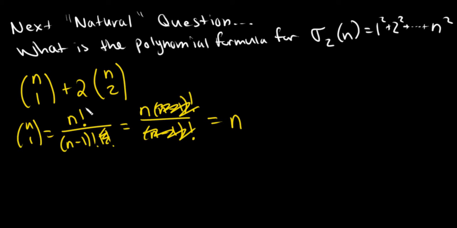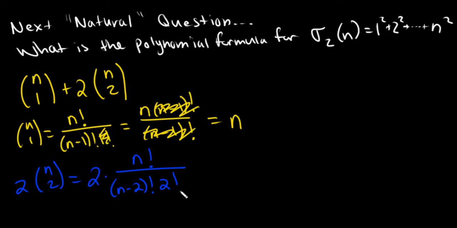Great. Okay, let's think about 2 times n choose 2. 2 times n choose 2 is equal to 2 times n factorial over n minus 2 factorial times 2 factorial. Well, 2 factorial is just equal to 2, so those will cancel. And n factorial in the numerator can be rewritten as n times n minus 1 times n minus 2 factorial.